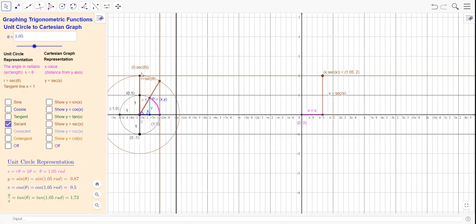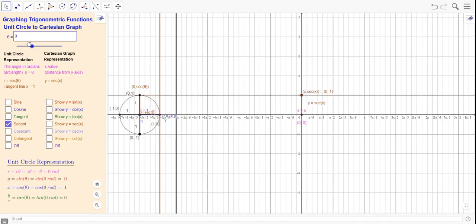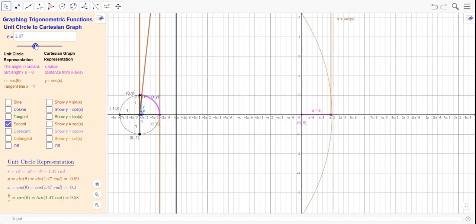Now we want to rotate it up. So I rotated it up vertical and then brought that across, and that gives you the secant value over here. So let's start at 0. We see the secant is 1, so it starts here. And as we go across here, it's going to get bigger and bigger.